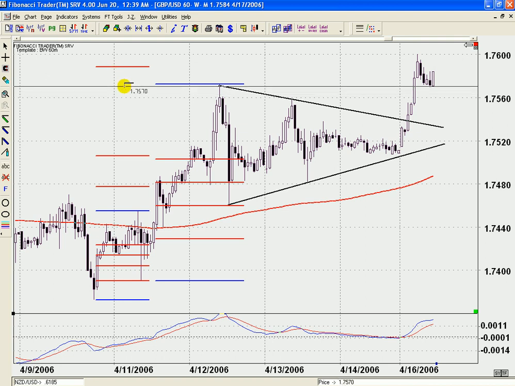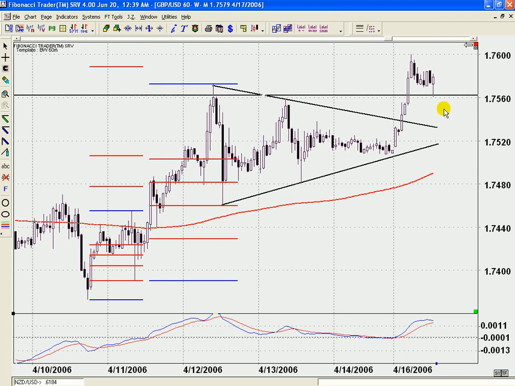The reason I say 80 is it could be anywhere along here, from the wick to the body. We see price spike down to 60, and I would anticipate another leg up at this stage.